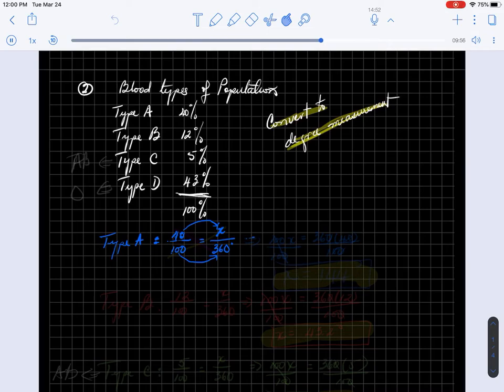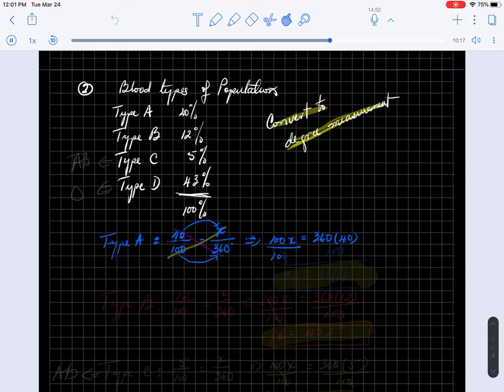Let's do the cross product. So if I were to cross it like that and cross it like that, I'm going to have 100 x equals 360 times 40.